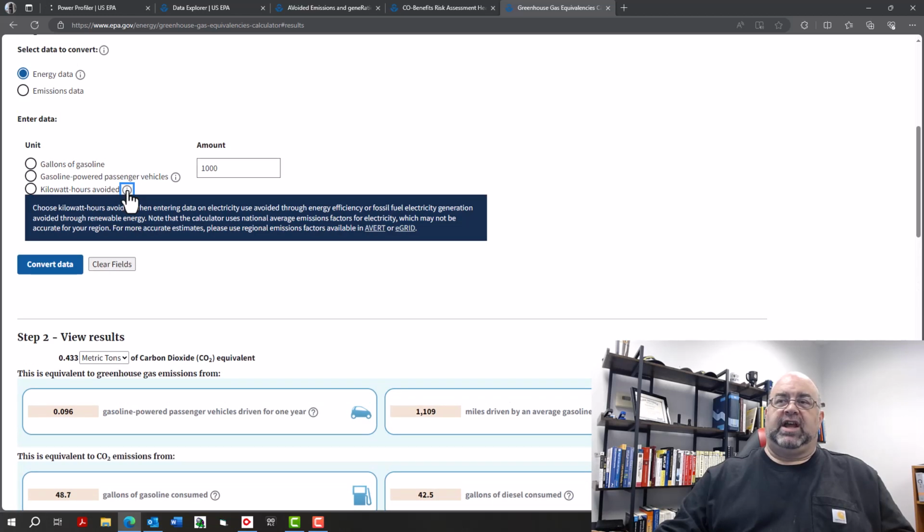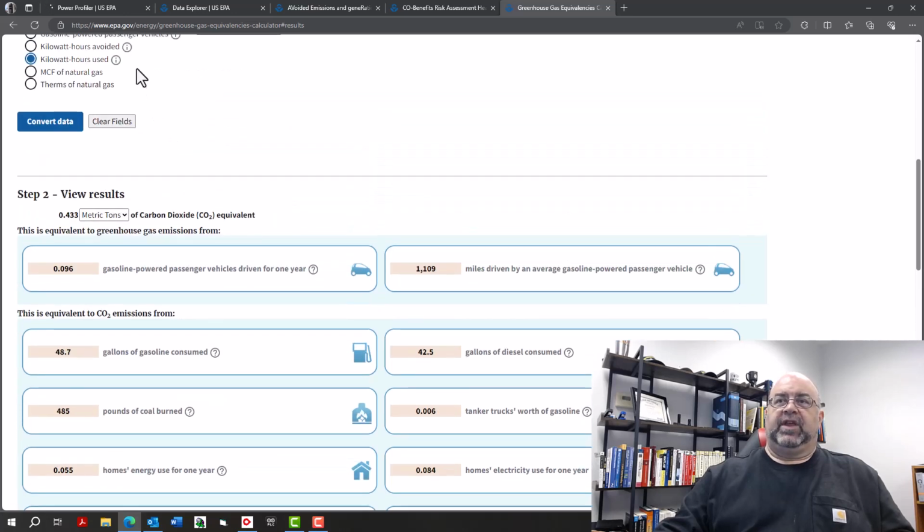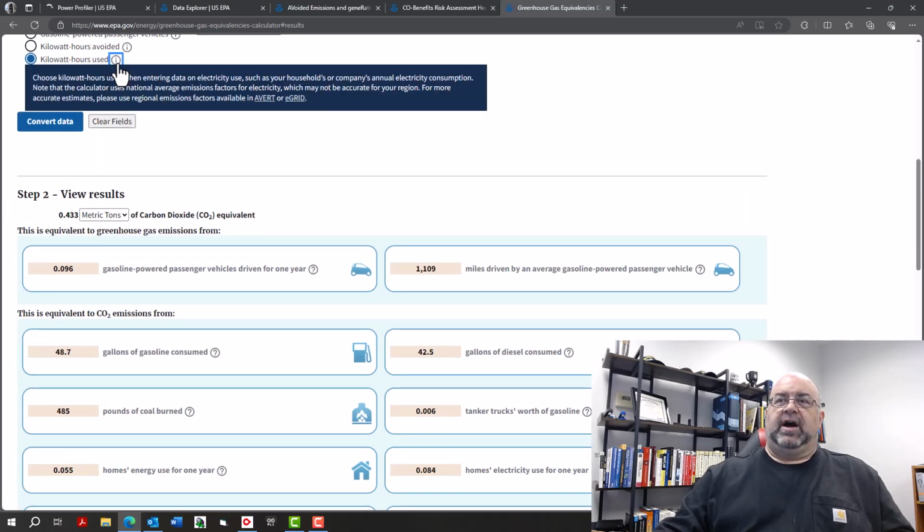When entering data on electricity use avoided through energy efficiency or some other generation avoided through renewable energy, note the calculator used national averages and use the AVERT or eGrid. For the used, this would be when entering data on electric use, such as your household or company's annual electrical consumption for inventory purposes.